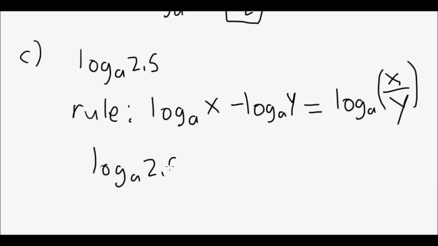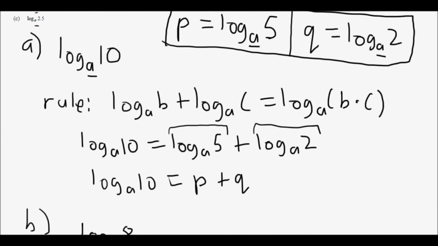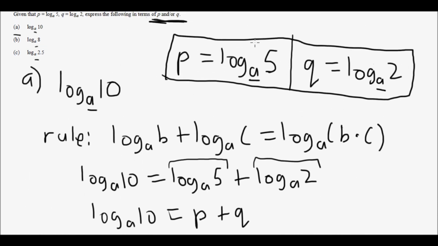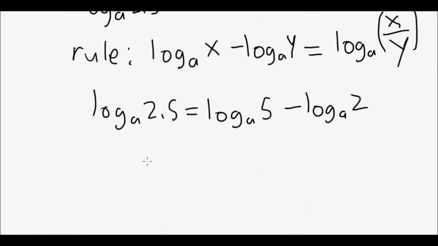Log A 2.5 is equal to log A5 minus log A2. But we aren't done yet, because we have to substitute and make sure that our answer is in terms of P and Q. So log A 2.5 is going to equal P minus Q.